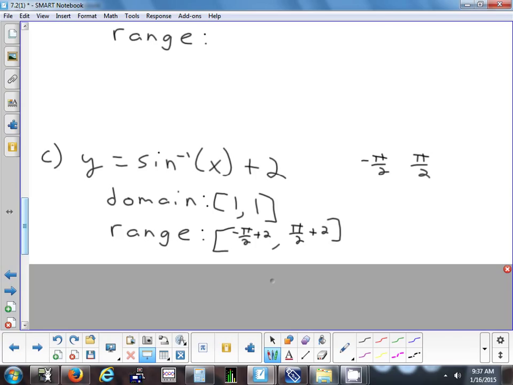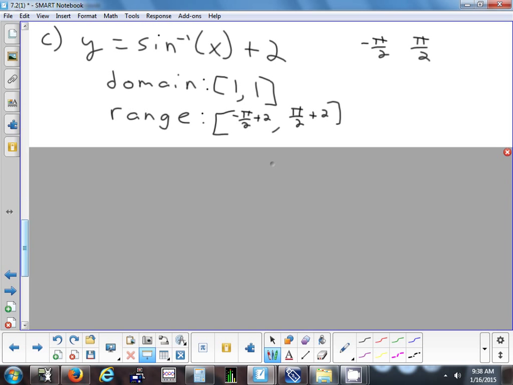If you did find a common denominator, it would be pi plus 4 over 2. Still, doesn't really look that much better than what we have there. Okay, so I'll leave it like that. But keep in mind in the book, they may write it with a common denominator. I don't think you'll see it with a decimal, usually, unless they ask for it, but don't worry about the decimal.